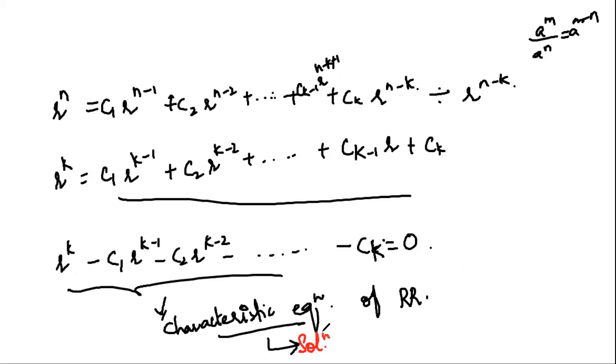The solutions of the characteristic equation are called the characteristic roots of the equation. So when we find the roots of the equation, those are called the characteristic roots of the recurrence relation.